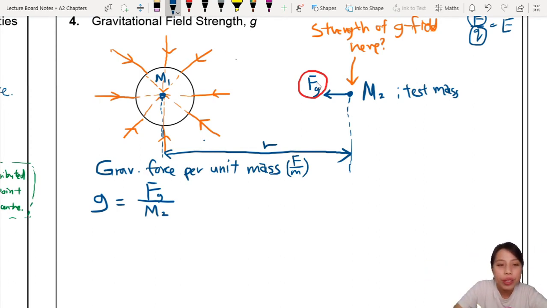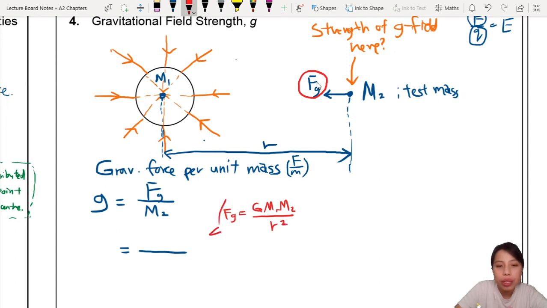Okay, so we're ready to go. Let's plug in our stuff. Just now we know Fg is, thanks to Newton's law of gravitation, the force between these two objects, the big planet and the small mass, G m1 m2 over r squared.